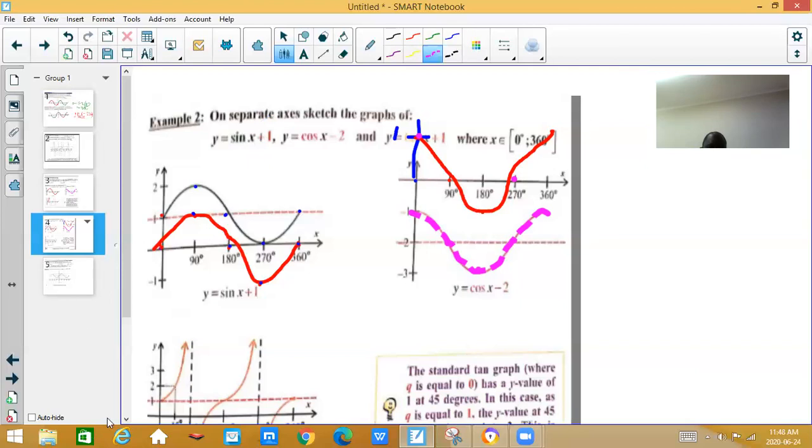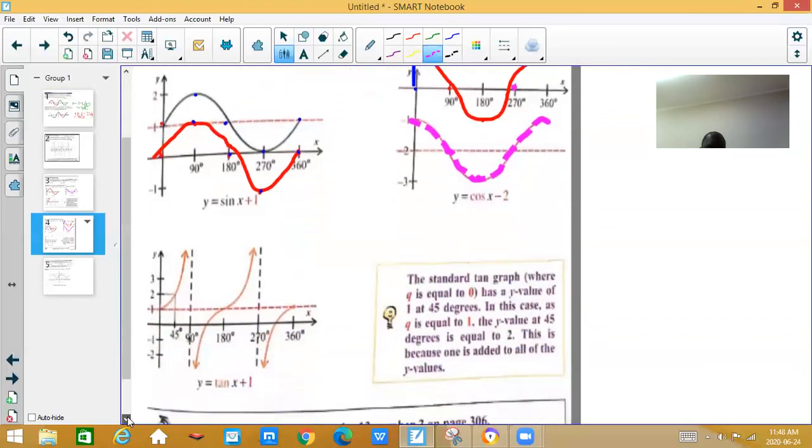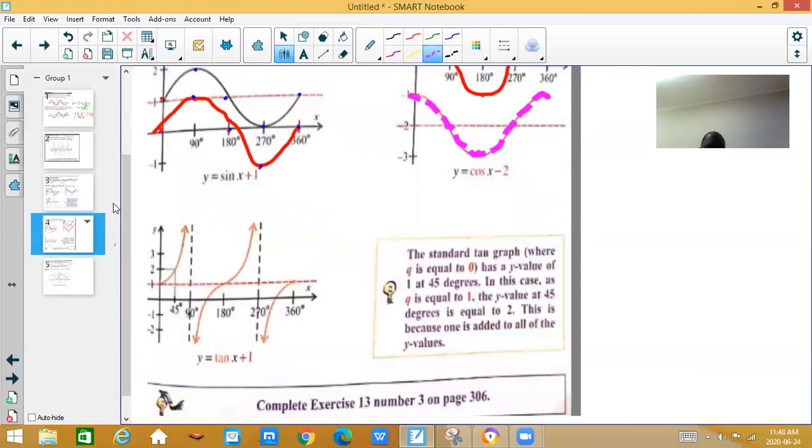Right? Now let us go on to the tangent, because you remember that one for a tangent, it was here. The one that we had for tangent, it was moving like this.